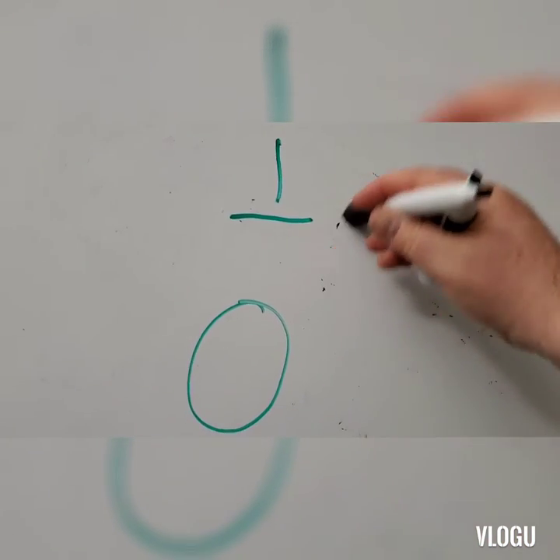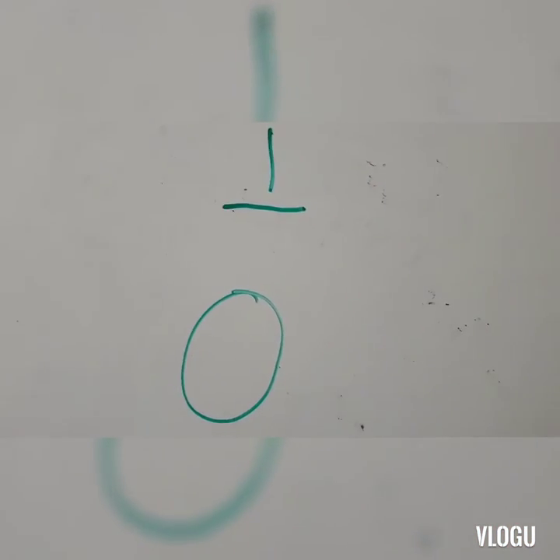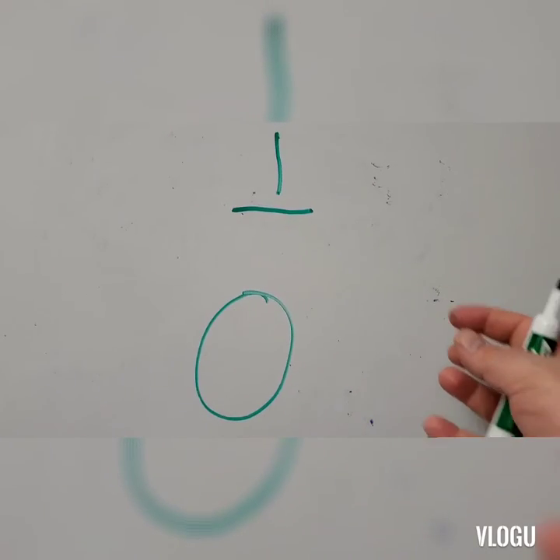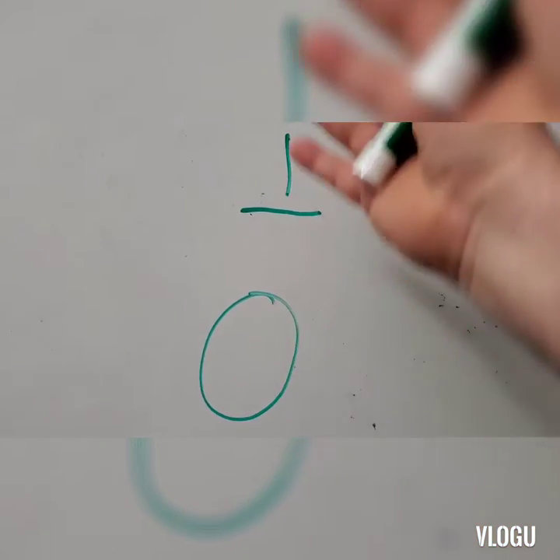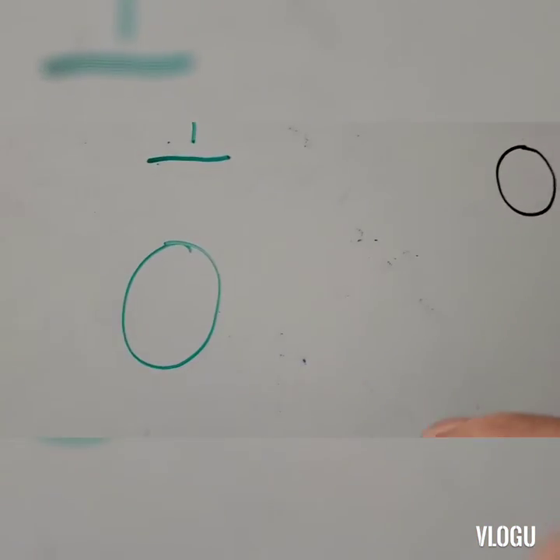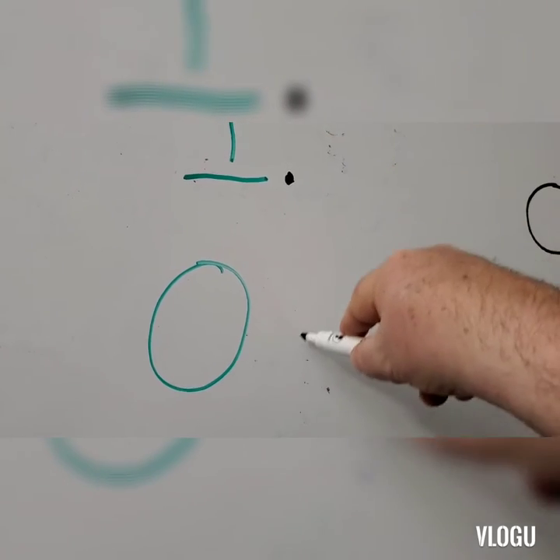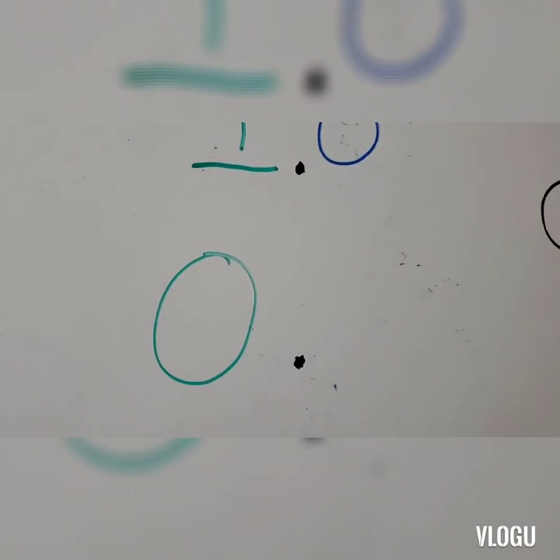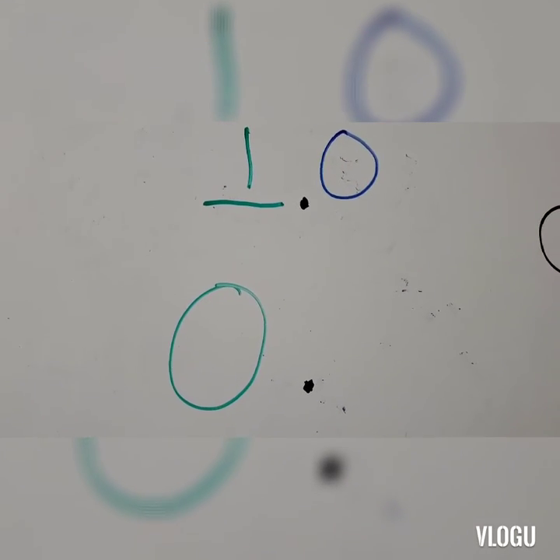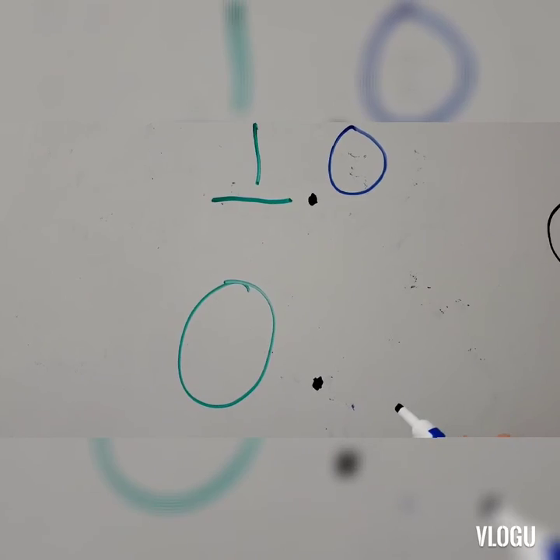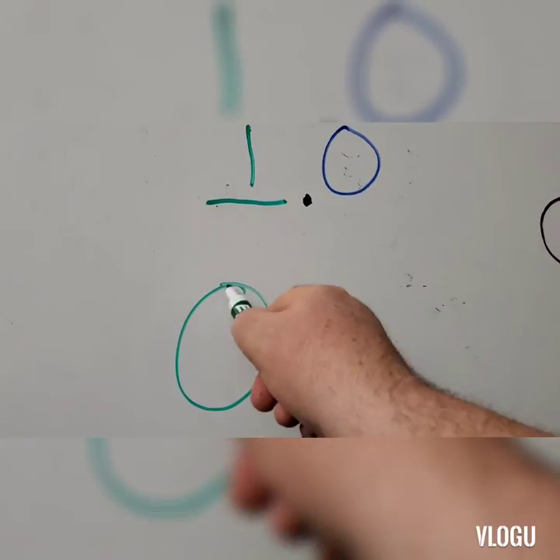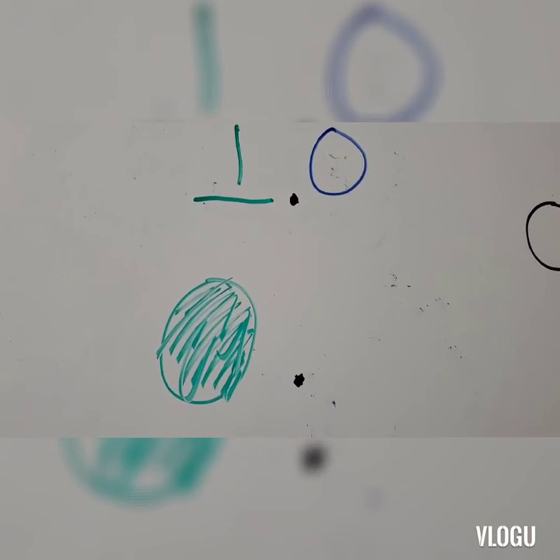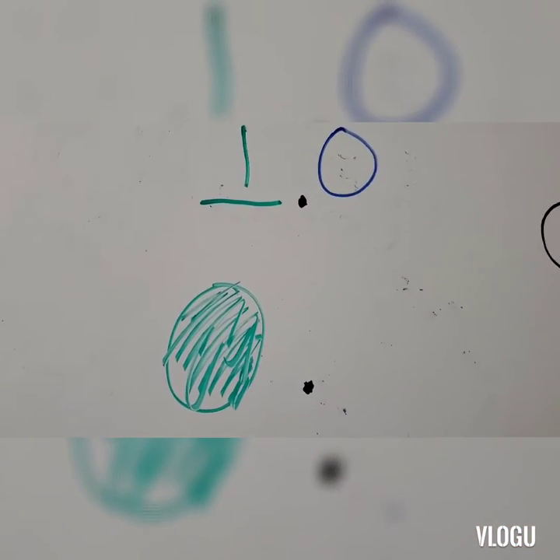I can either just write it as 1 because I have a complete whole, or 1.0, depending on what I need to do. But I don't have anything here. But I have my whole here. It was all colored in, complete.